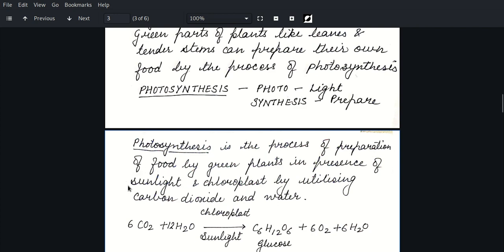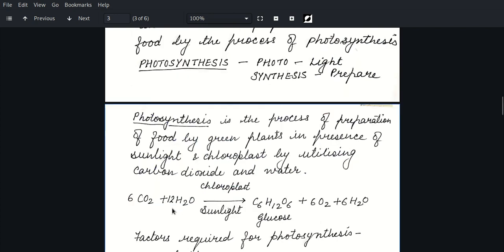Sunlight is trapped, chloroplast is present in plant, carbon dioxide is taken from atmosphere, water is absorbed from soil through roots.